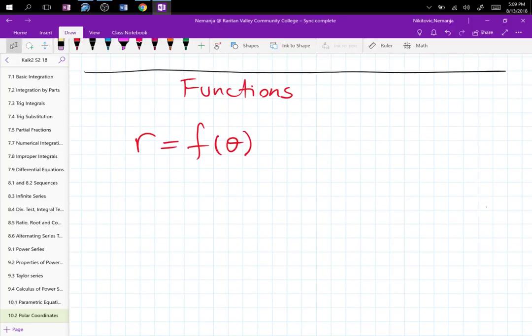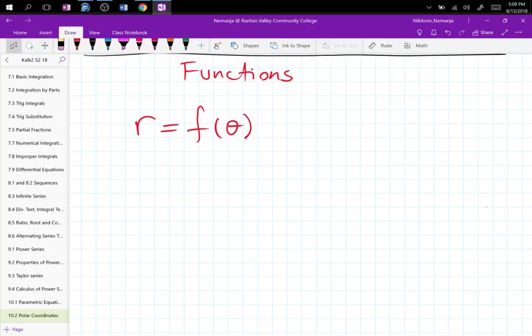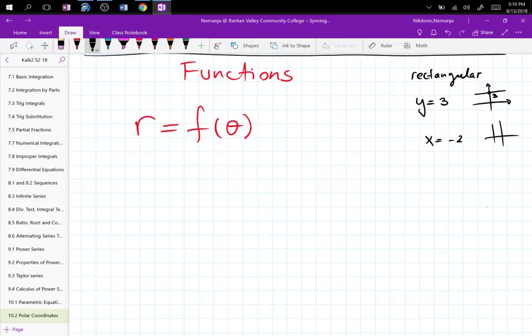Now, when you have r equals f of theta, we want to take a look at basic polar functions that are out there. You know how for Cartesian, rectangular, you have y equals, let's say, 3, and that graphs the horizontal line through 3. And then you have x equals, let's say, -2, which would graph a vertical line through -2.